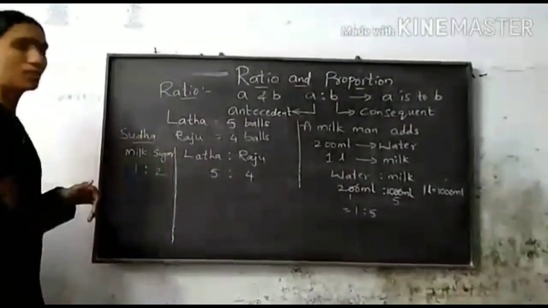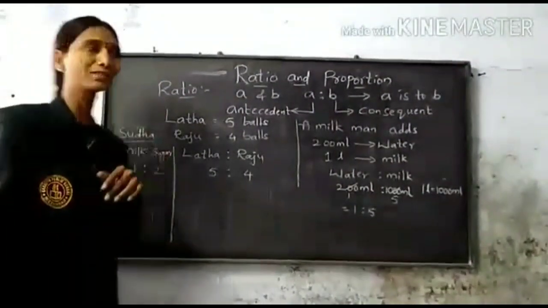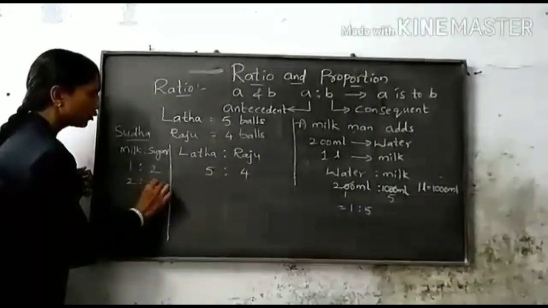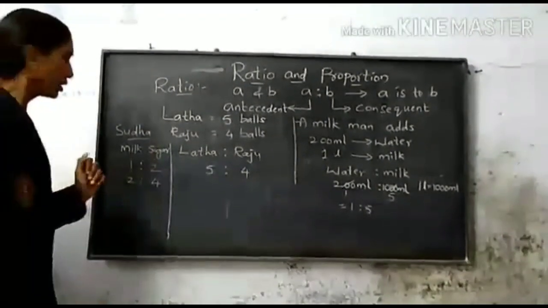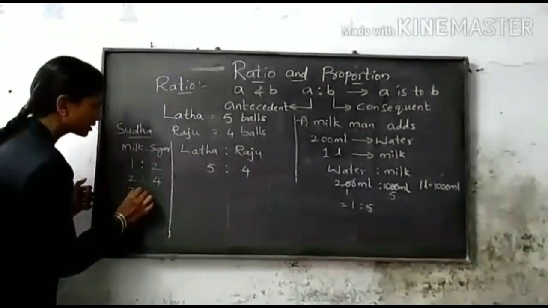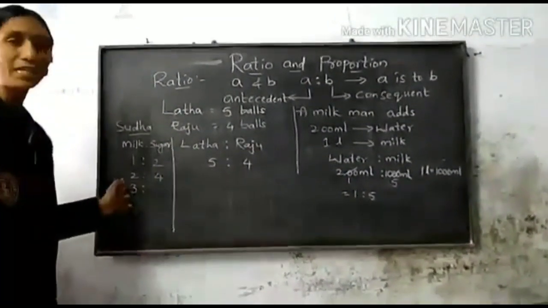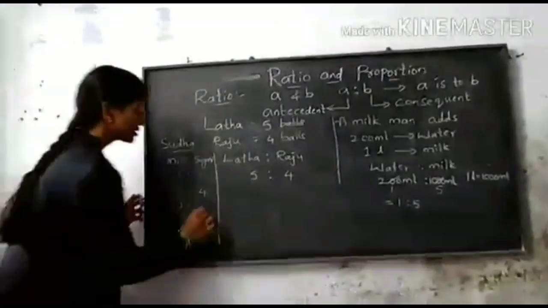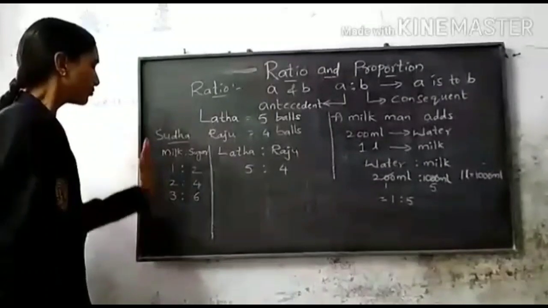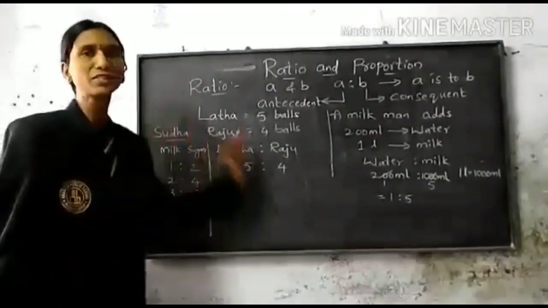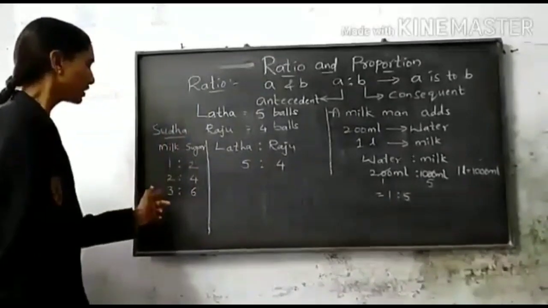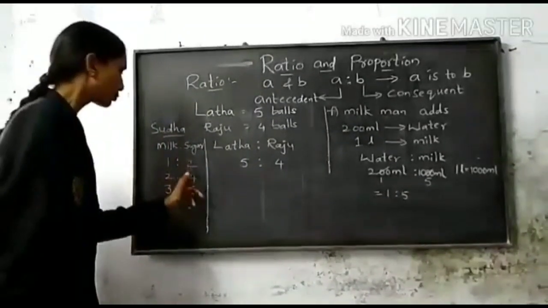Next, if she wants to prepare for 2 persons, she takes 2 cups of milk and 4 spoons of sugar. And if she wants to prepare for 3 persons, she takes 3 cups of milk and 6 spoons of sugar. Here observe, the second quantity is twice the first quantity, so 3 into 2, 2 into 2.